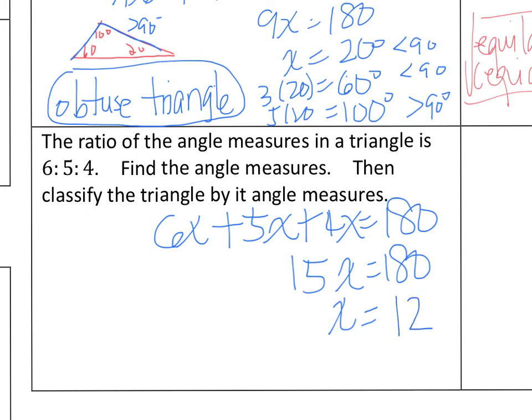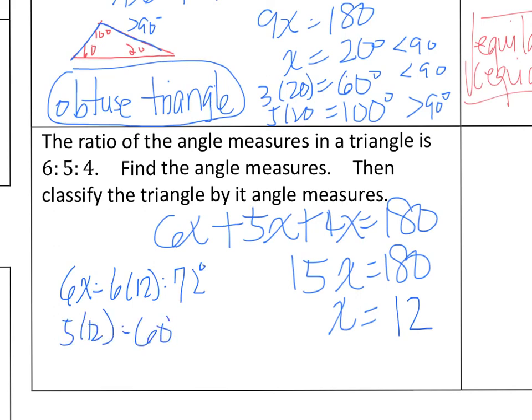Okay, so 6 times 12 is 72 degrees. 5 times 12, 60 degrees. 4 times 12, 48 degrees.